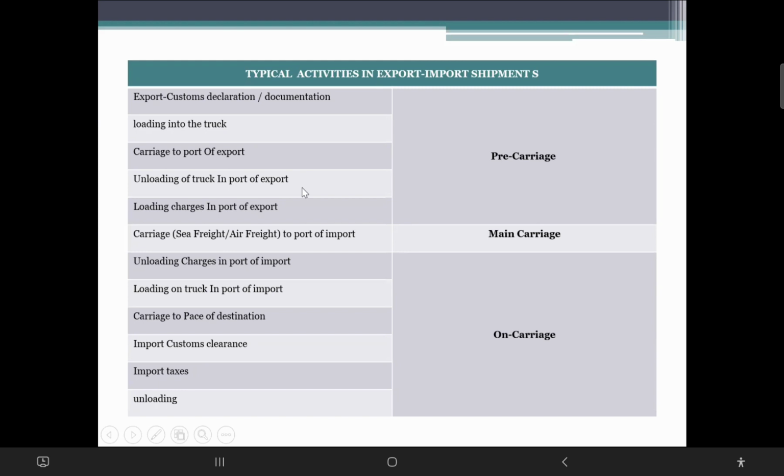And when the vessel arrives, they have to load it back onto the ocean going vessel. So these are the typical activities: documentation, loading onto the truck, carriage to the port, unloading from the truck, and again loading onto the vessel.